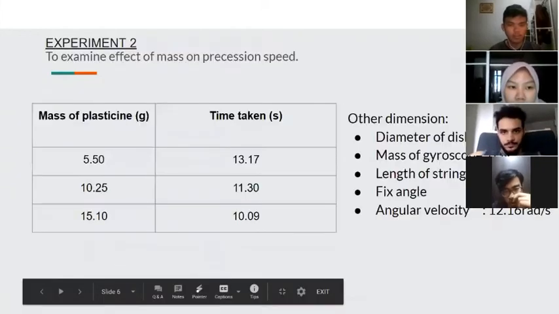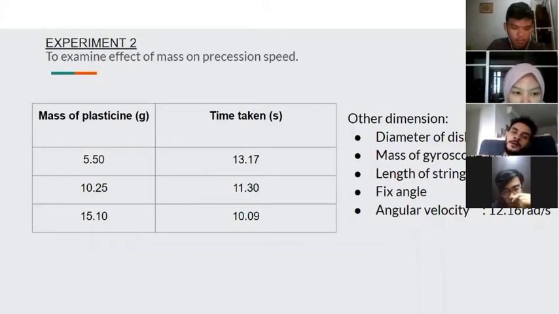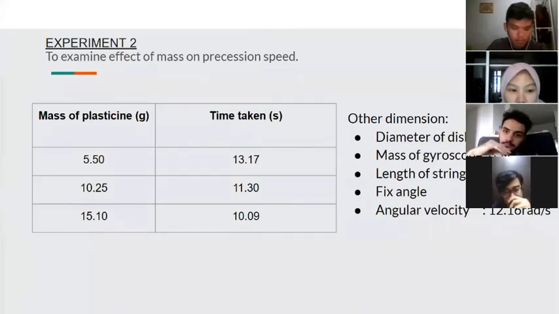So for the second experiment, to examine the effect of mass on precession speed, the variables of the experiment are mass of plasticine and time taken. So we decided to have 5.5 gram, 10.25 gram, and 15.1 gram for mass of plasticine.